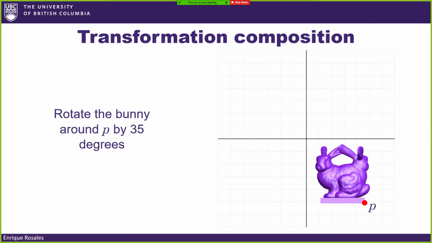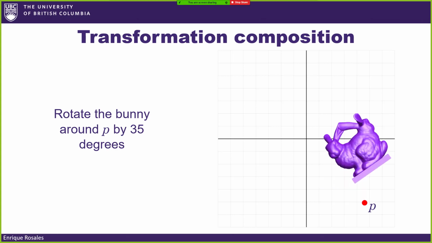Okay, so imagine that I have something like this. I need to rotate this bunny around the point P by 35 degrees. If I just take a transformation matrix, in this case a rotation matrix, and apply it with 35 degrees, this is what will happen.